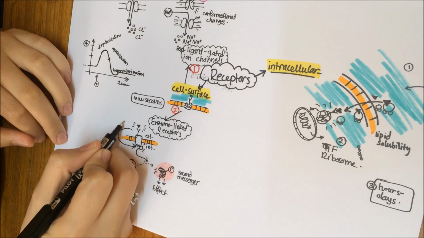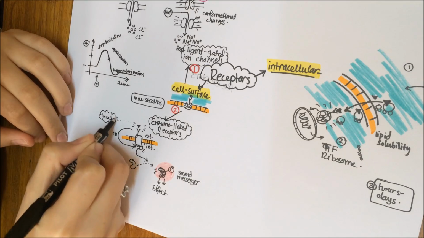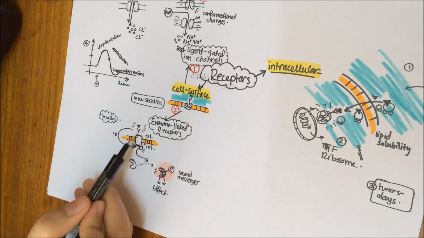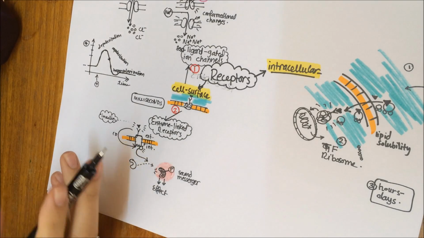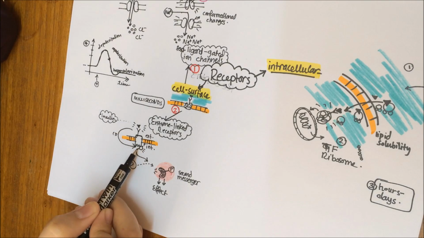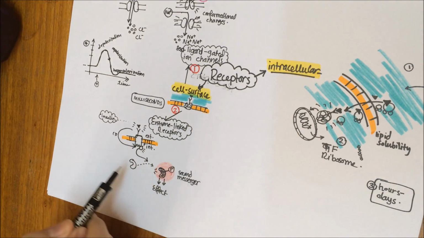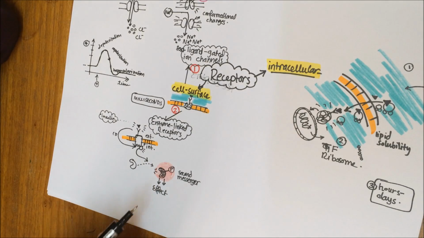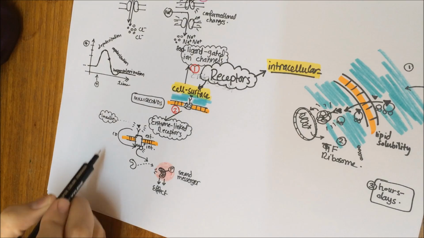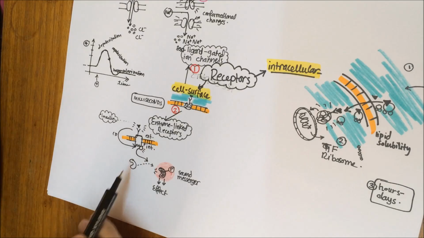If this ligand was insulin, and this was the insulin receptor, upon binding of the insulin to the insulin receptor on the cell surface, it will make certain conformational changes that will autophosphorylate the enzyme, the tyrosine kinase linked to the insulin receptor, and this will make activation and phosphorylation of certain second messengers, certain molecules in here. In certain cascades, this will lead to an increase in the glucose intake inside of this cell.